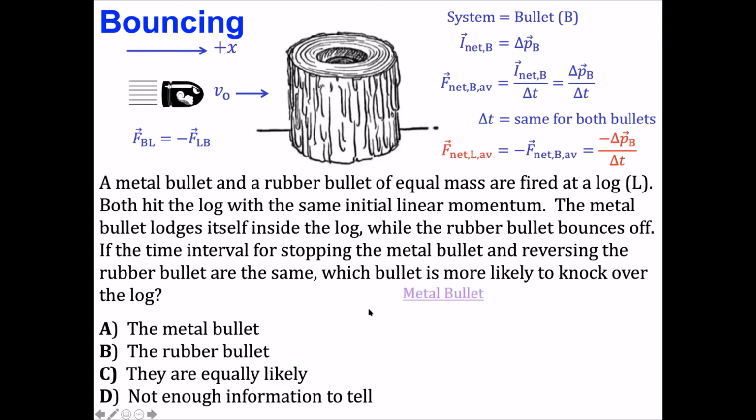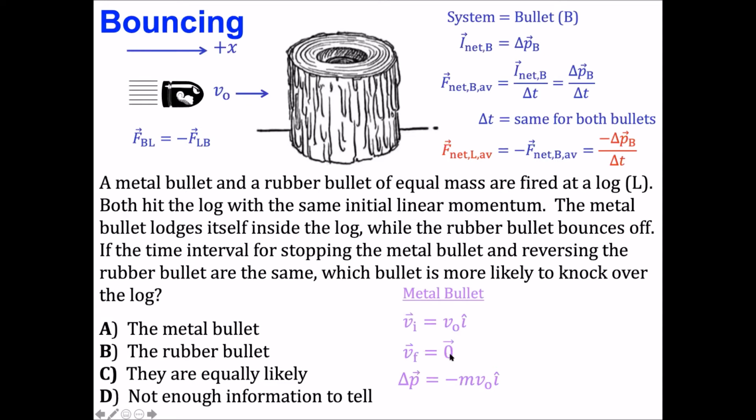So let's look at what the metal bullet is doing. The metal bullet starts off with an initial velocity of v0 times i hat, traveling in the positive x direction, but when it gets lodged in the log, its final velocity is going to be 0. And we can easily calculate the change in the linear momentum of the bullet that's made out of metal by multiplying the mass of the metal bullet by its final velocity and subtracting from that the mass of the metal bullet times its initial velocity.